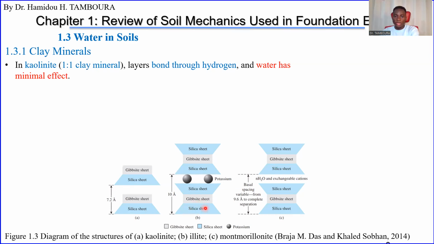You have silica, gibbsite, and silica before it repeats, and between them we have potassium. Here it's different. It looks like this one, but instead of potassium, we have water, nH2O.